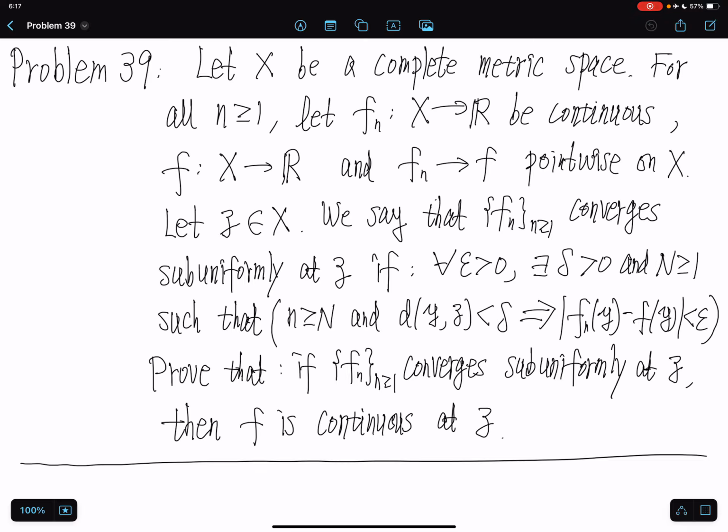Then we want to show that if the sequence f sub n converges subuniformly at z, then f must be continuous at z.